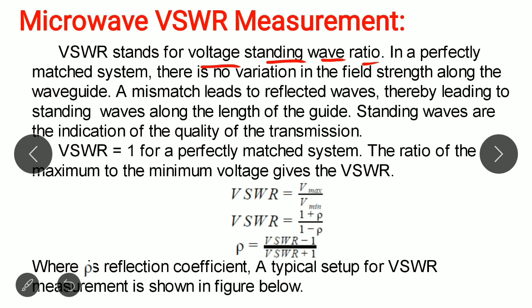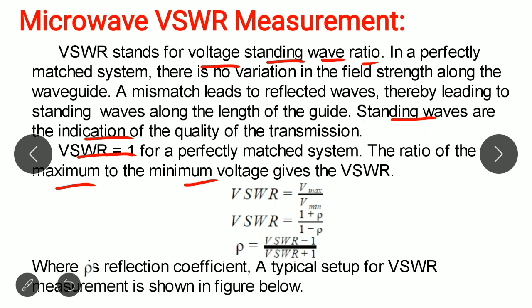These standing waves are the indications of the quality of transmission. The VSWR equals 1 for a perfectly matched system, and the ratio of maximum to minimum voltage gives the VSWR.